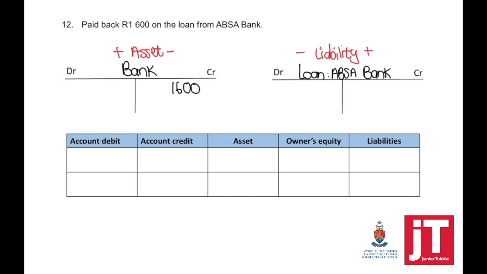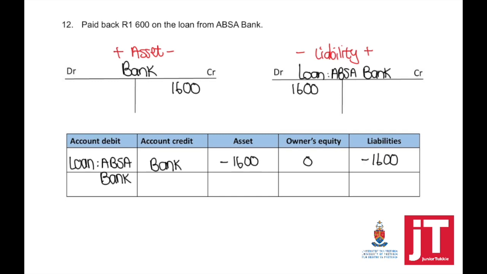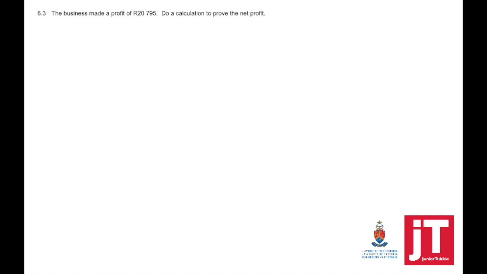So if money goes out of our bank account, bank is credited, account debited, loan. On our table, we're going to say account debit, loan, Absa Bank. Account credit, bank. Assets, minus 1,600, and our liabilities is going to be minus 1,600, which means nothing happened with my owner's equity.